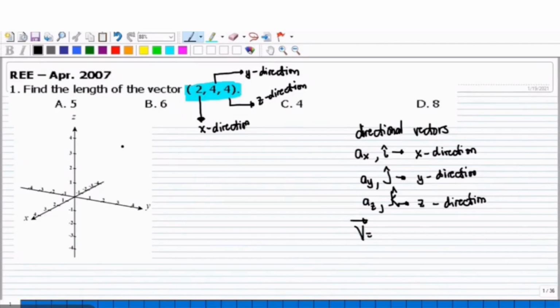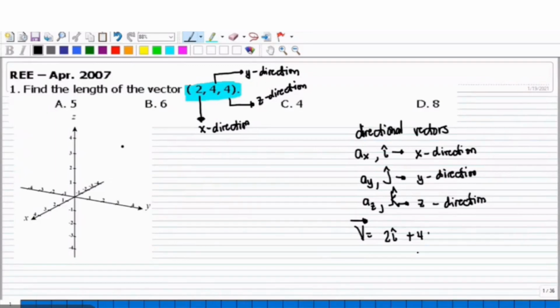Okay? So, para po maging vector notation po tayo dyan, let us represent this as V vector. So, kapag vector po, dapat may arrow sa taas or a bold letter. So, para sa lecture ko, gagamitin ko na lang yung arrow sa taas kasi medyo mahirap magsulat ng bold letter. So, this is 2i, okay? So, yung ating 2 dito represents na yung 2 is in the x direction plus 4j.